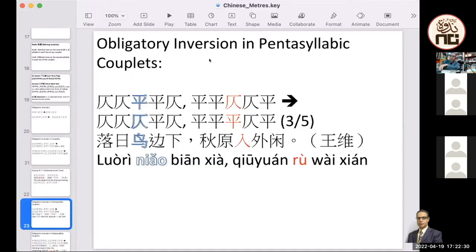Another example in pentasyllabic, meaning wu and shi: this ping changed into zi, so that zi here was changed into ping. That's the example I've given.